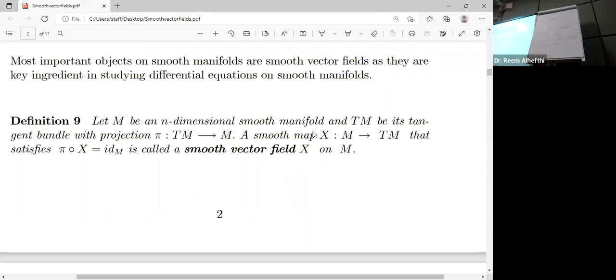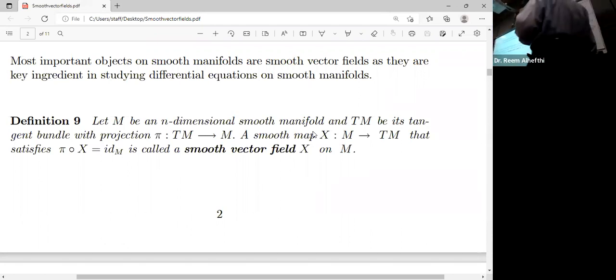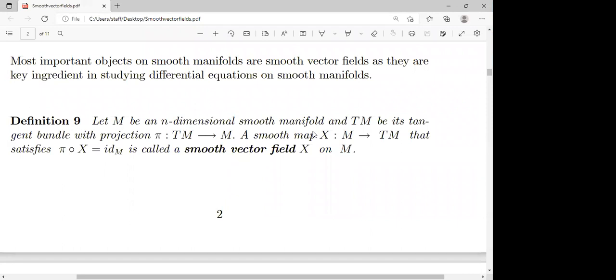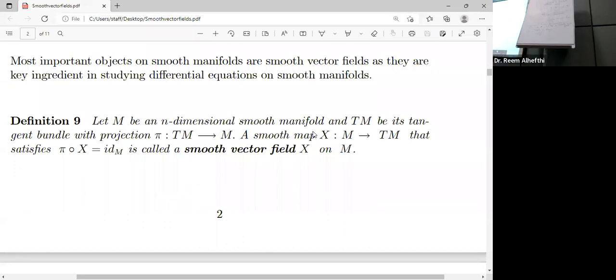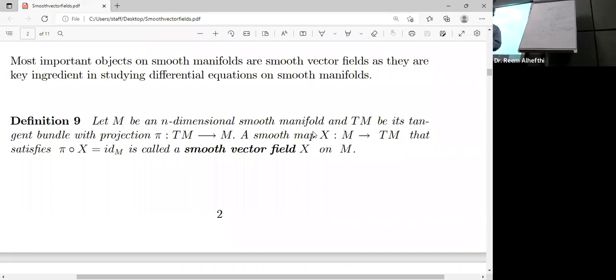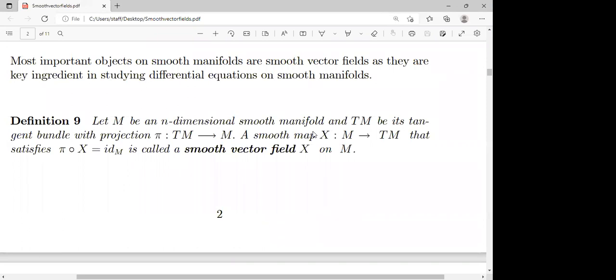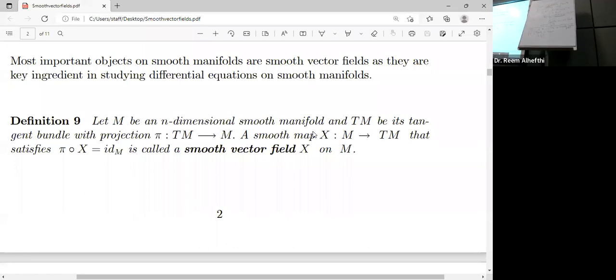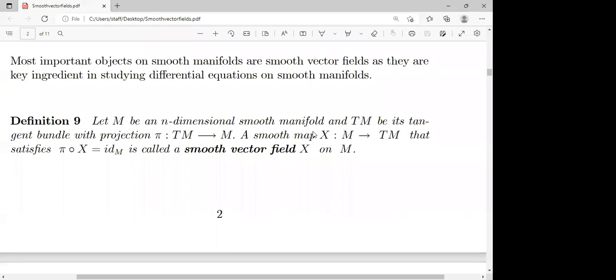Back, a little back. No, we did yesterday.